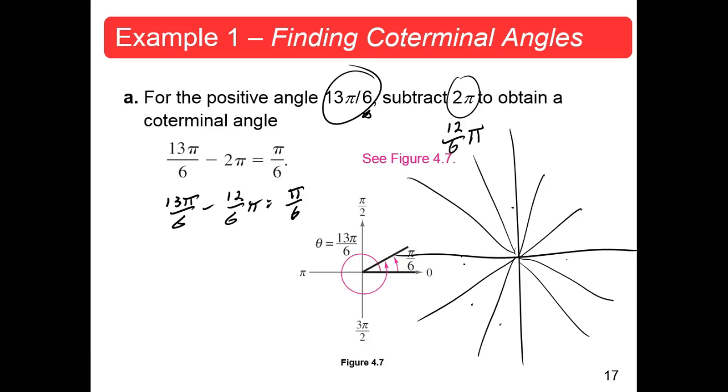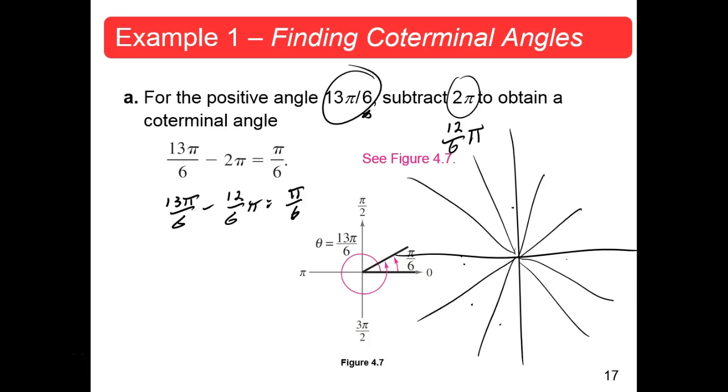That would give you 25/6 π. There's another coterminal angle. Anytime you add or subtract 2π or some multiple of 2π, you get a coterminal angle. So here's your first one: 13/6 π, and then you subtract one revolution, and that gives you π/6. Does that make sense?